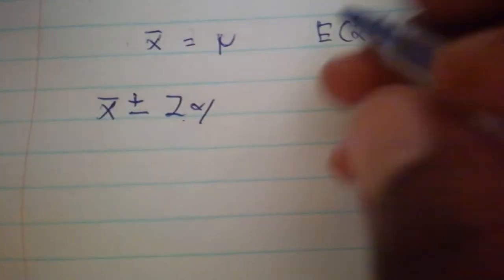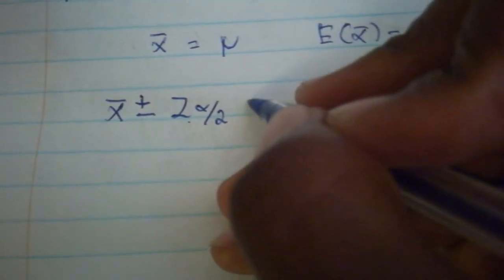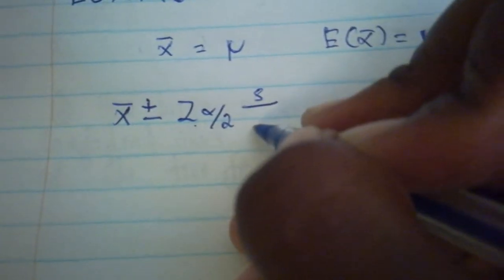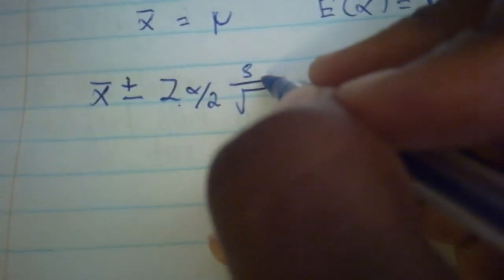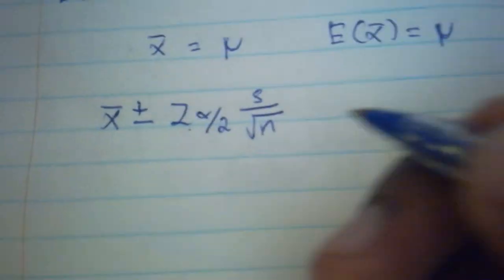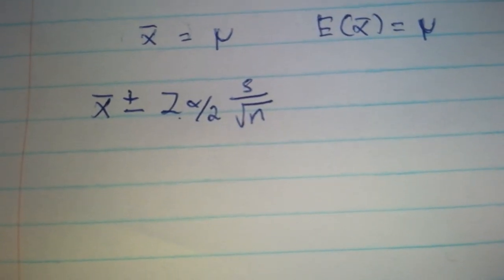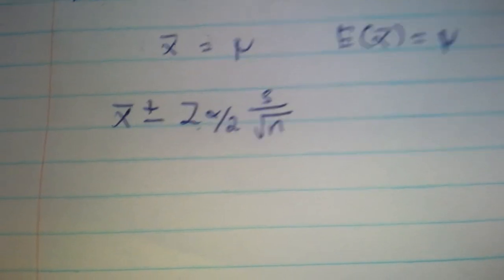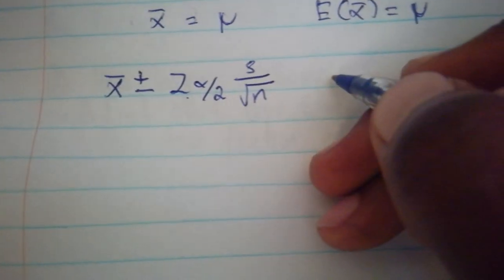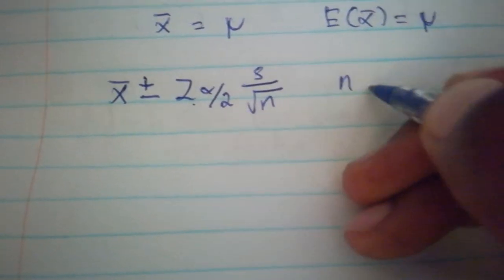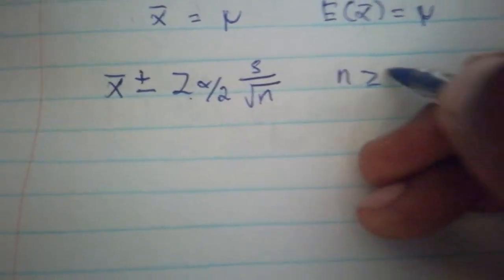So that is z alpha over 2 times the standard error, which is the sample standard deviation divided by the root of the sample size. This is where our sample size is greater than or equal to 30.